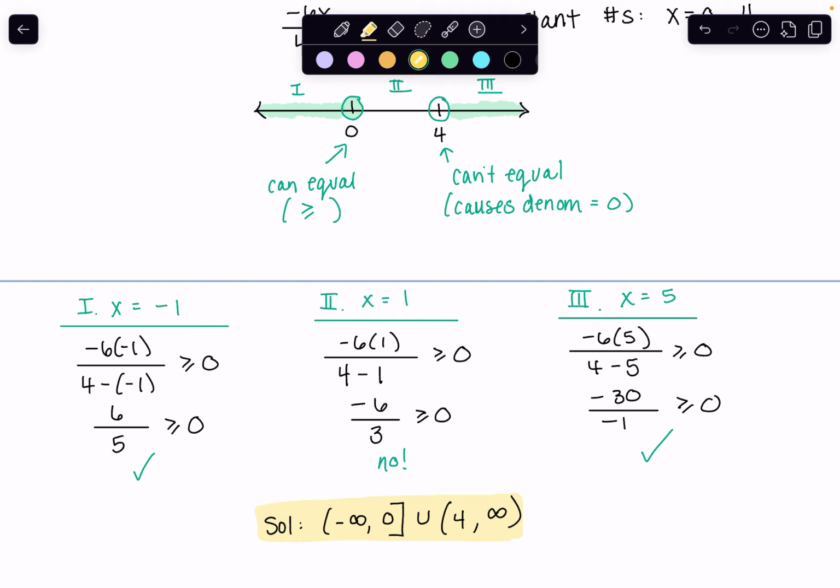Okay. Now it might seem really natural, especially while you're going through and doing these things. You might think you notice a pattern that it alternates. Be really cautious. Even our next example is going to do that, but it is not always true. It depends on multiplicities of zeros.